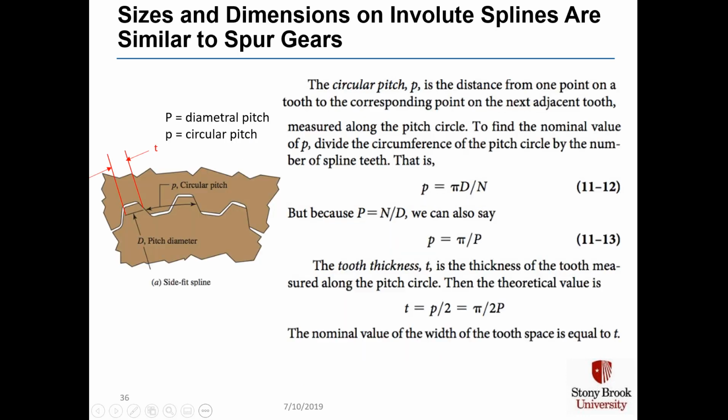This chart shows the formal definition of circular pitch, which is very close to the definition of circular pitch on a spur gear. In particular, though, look at the tooth thickness definition T. That's the thickness of the tooth as measured along the pitch circle. So from this point all the way across to that point is what we call the tooth thickness. The tooth thickness is just the circular pitch divided by 2.